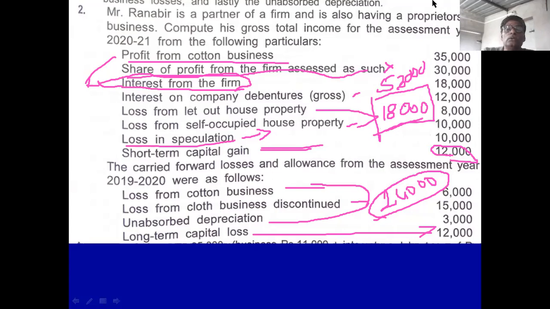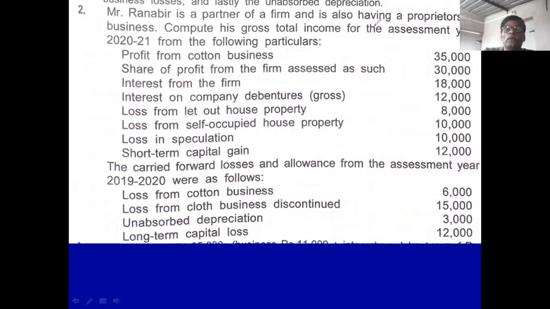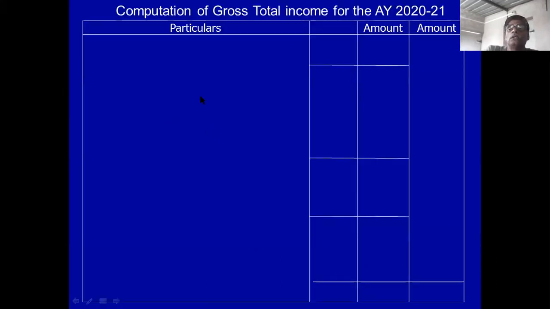Okay, you see the solution. You see the computation of total income, gross total income, for the assessment year 2021. Income from cotton business is 35,000.